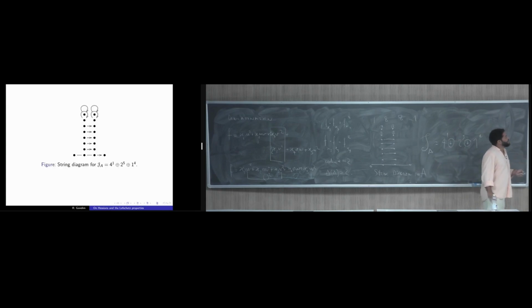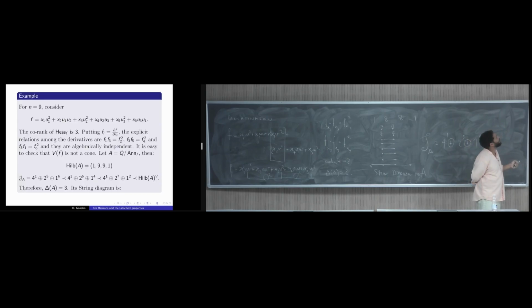In the same way, with 9 variables, we can produce one concatenation with delta equals 3, and so on.